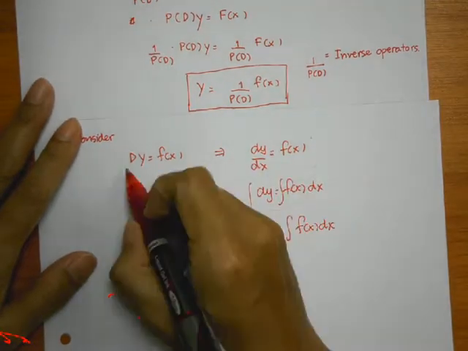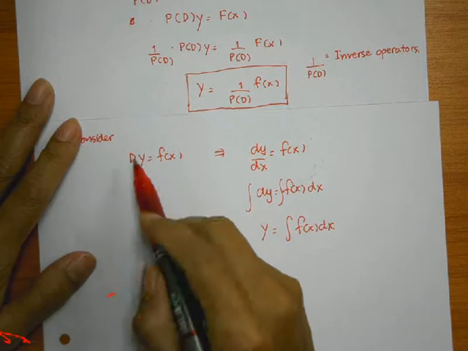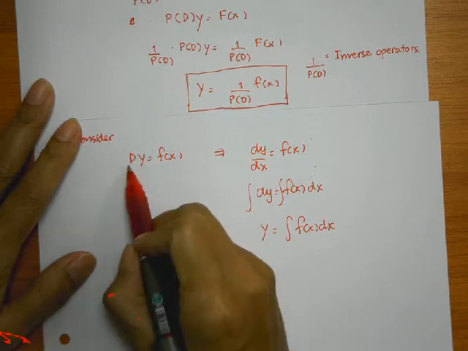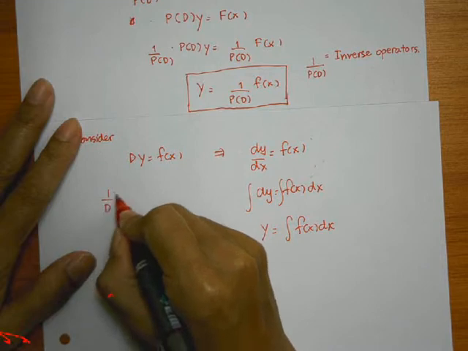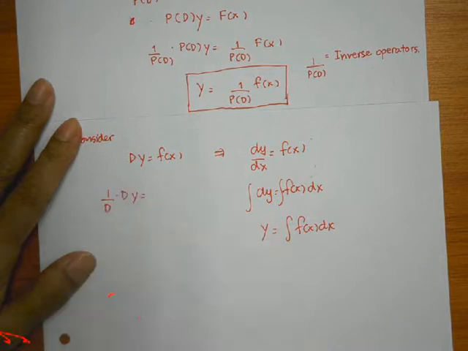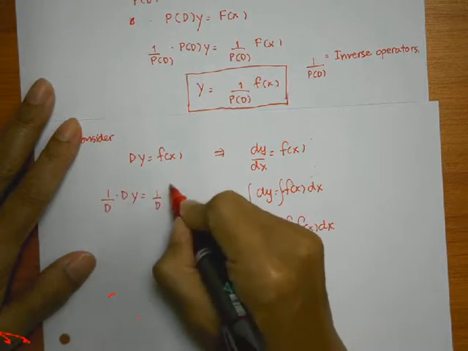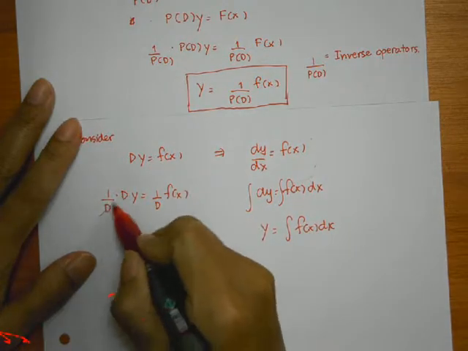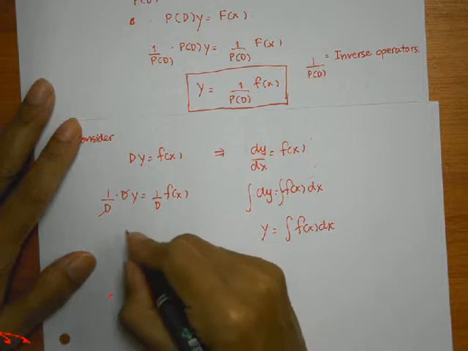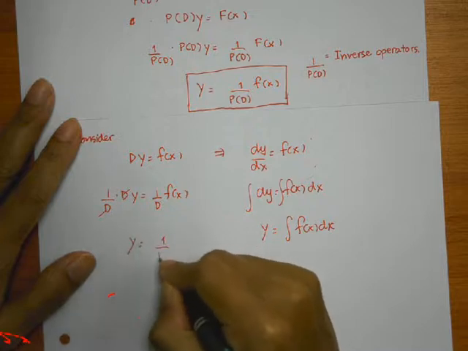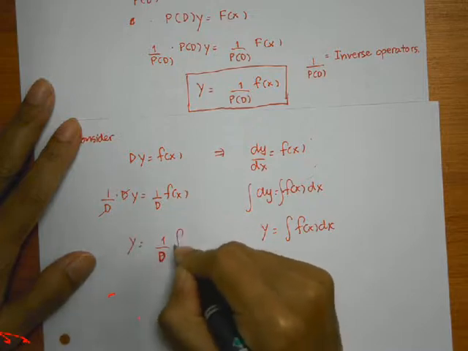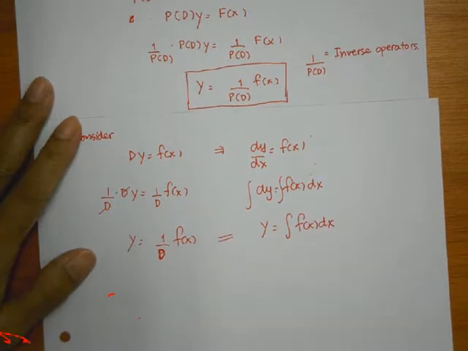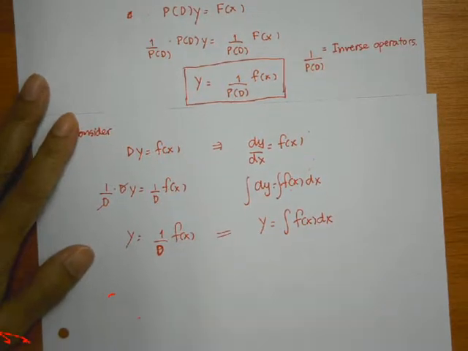But in the operator form, in order to find y, you multiply this equation by 1 over D, right? And 1 over D and D just cancel out, so you get y equal to 1 over D f(x). These two are equal because they are the same equation.